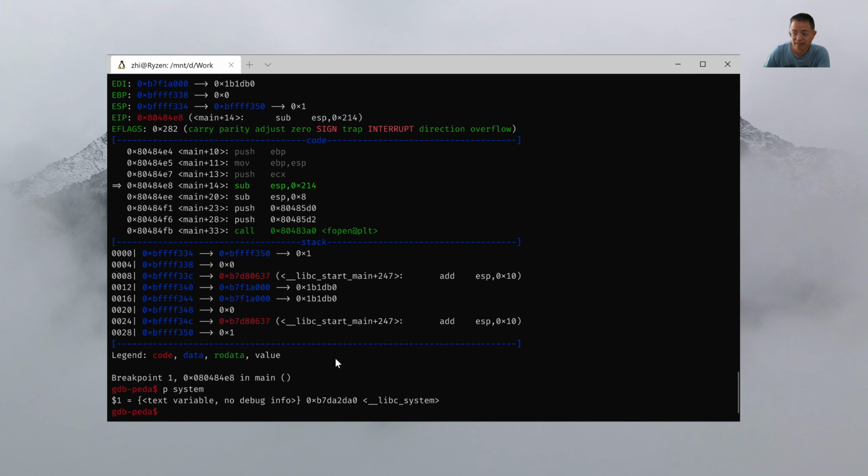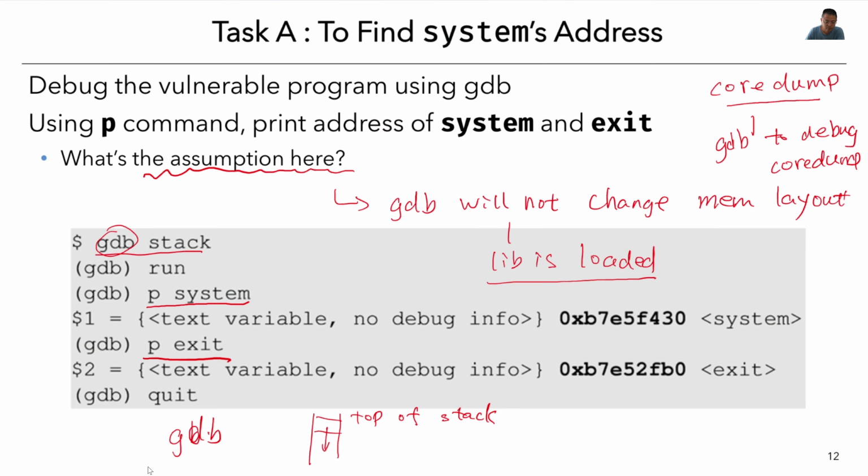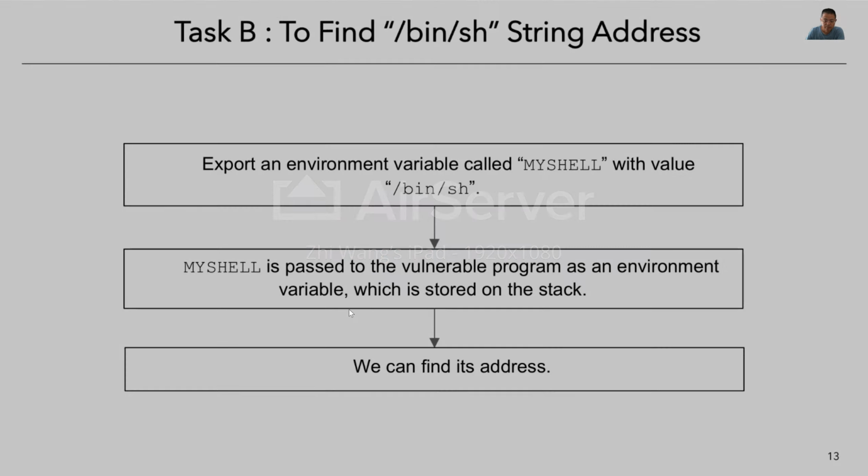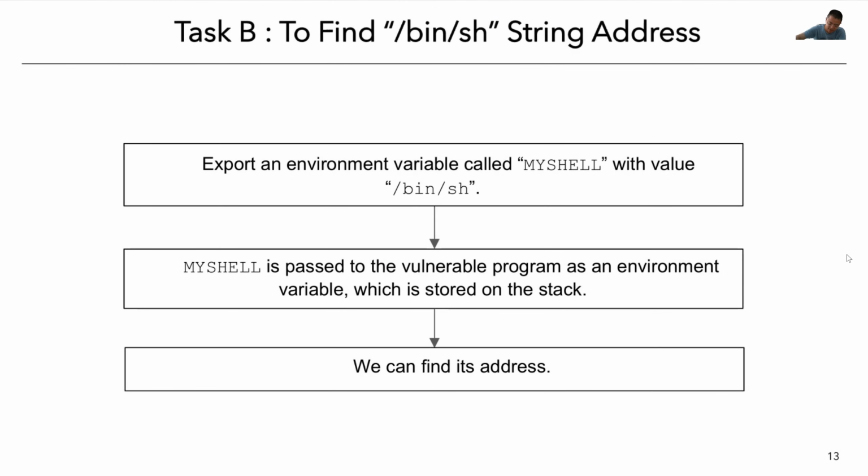Okay, the second task. The second task is to find the address of /bin/sh. We can still use the previous method, right? We can put /bin/sh somewhere on the stack.